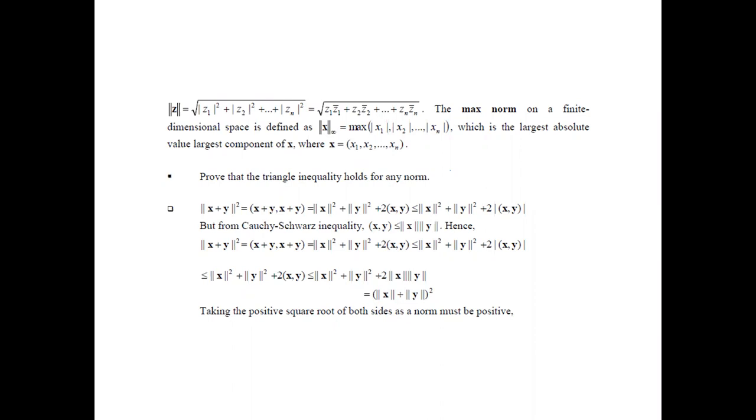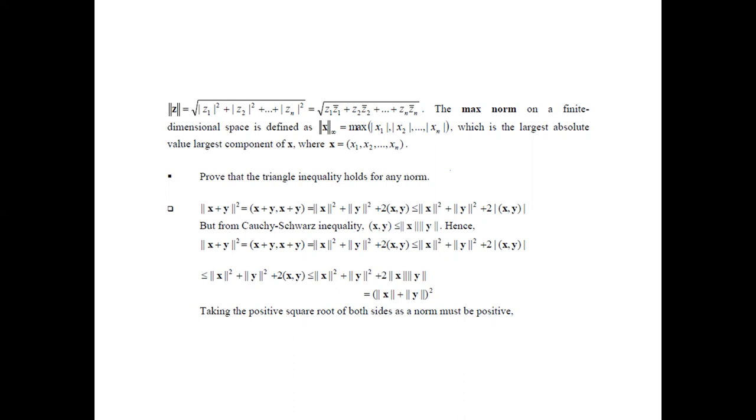The max norm on a finite dimensional space is defined as norm infinity equals the max of modulus of x1, modulus of x2, up to modulus of xn, which is the largest absolute value of a component of x, where x is x1, x2, up to xn.